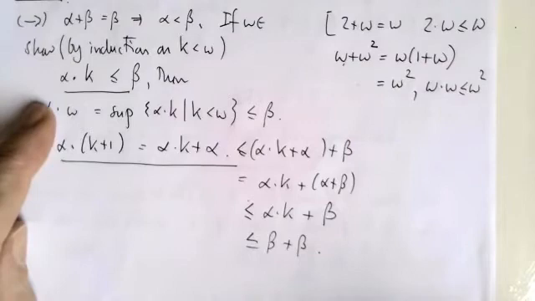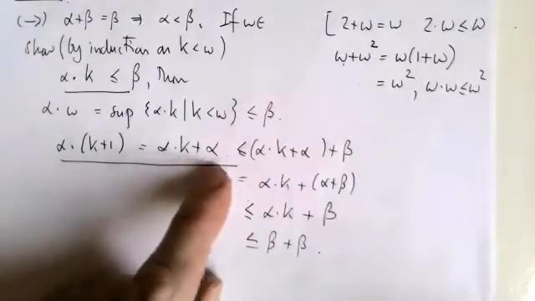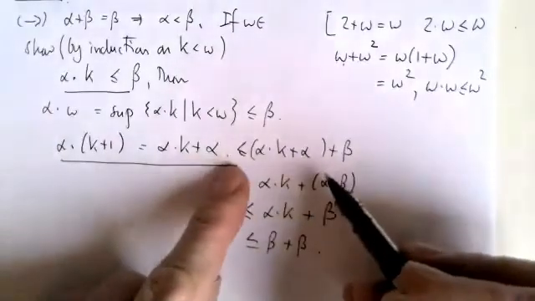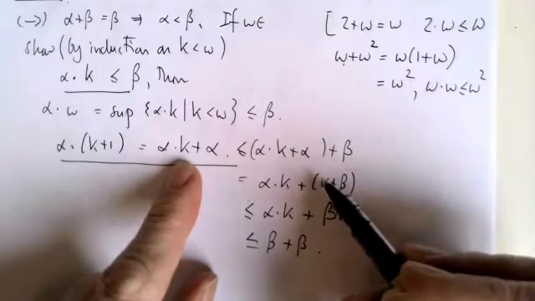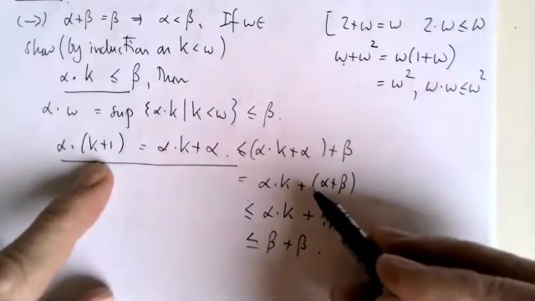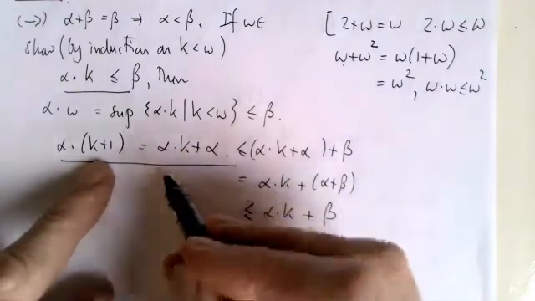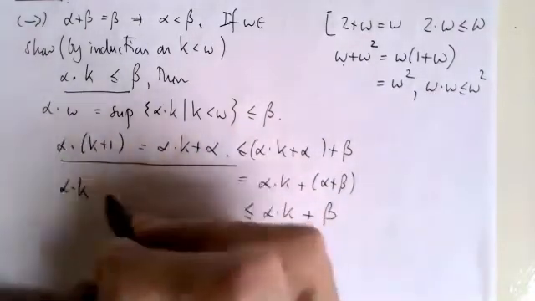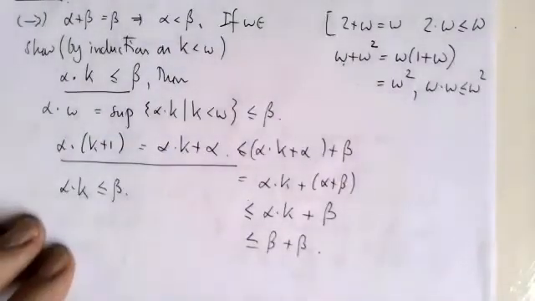So substitute alpha times k, and then you get alpha times k plus alpha is less than or equal to alpha plus beta, because we have from the inductive hypothesis that alpha times k is less than or equal to beta.